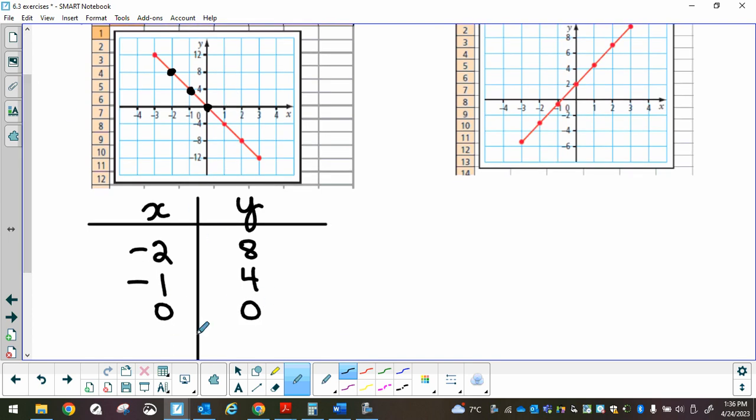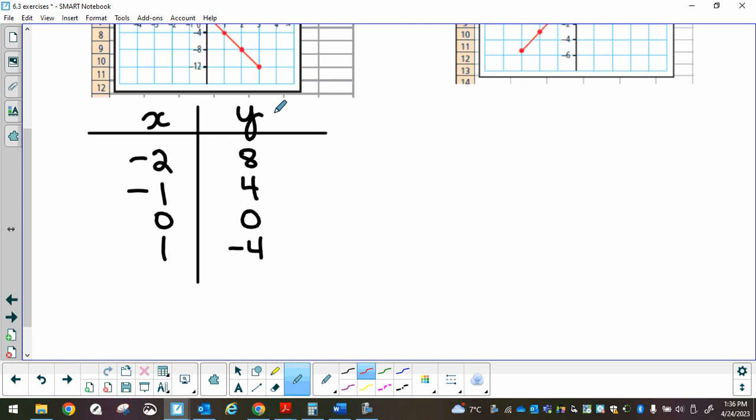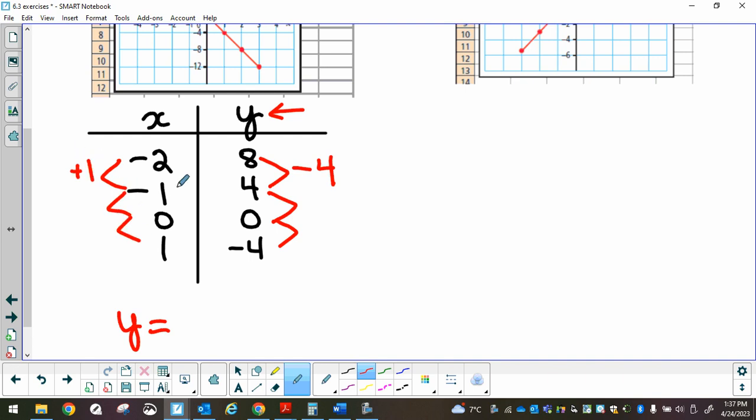Okay, and you can do more than that too if you would like. But you need at least 3 points, and then you should be able to come up with your equation with our little method that we use. So y equals, see what you're increasing by. Here we're decreasing by 4. On this side we're adding 1.